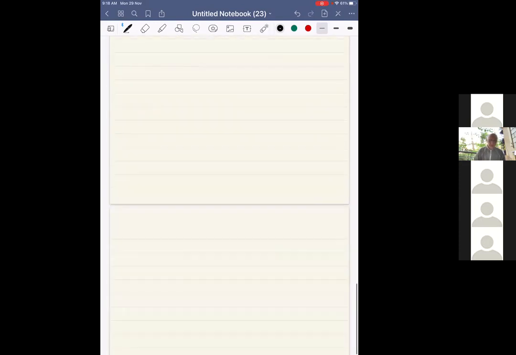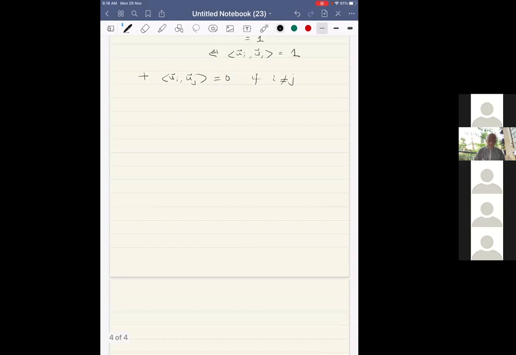So orthonormal bases exist. So let us see the example of V equal to R^2 with the standard inner product.